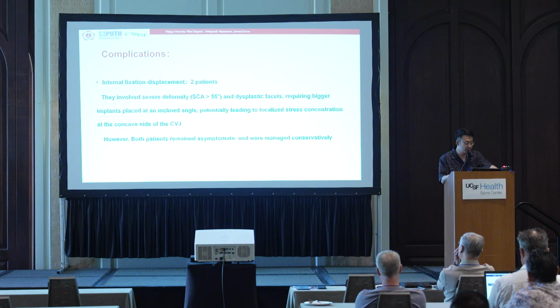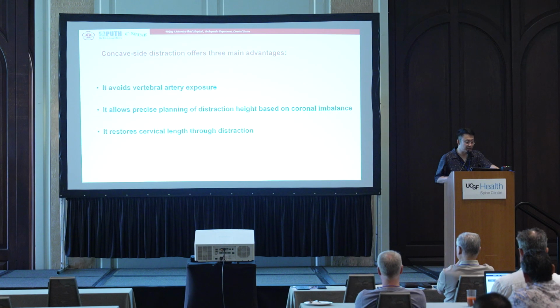All of these patients involved severe deformity, with the curve more than 15.5 degrees, and the dysplastic facet requiring a bigger implant placed at an inclined angle, potentially leading to localized stress concentration at the concave side of this region. However, both patients remained asymptomatic and were managed conservatively.